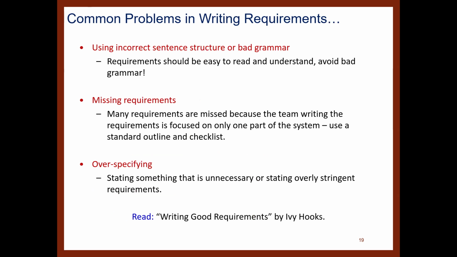Using incorrect sentence structure or bad grammar: requirements should be easy to read and understand. Try to avoid bad grammar. At this level, you have so many tools that seeing this type of grammatical error is quite uncommon, but you can still see them.